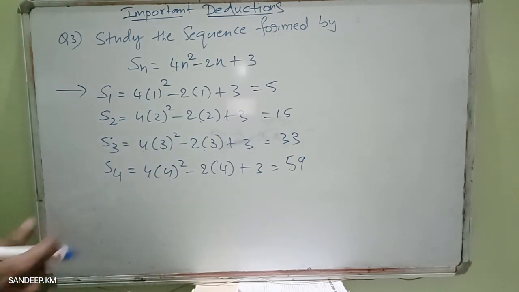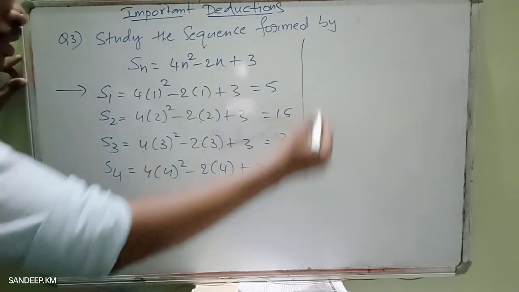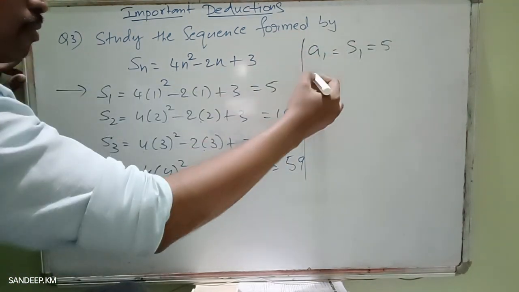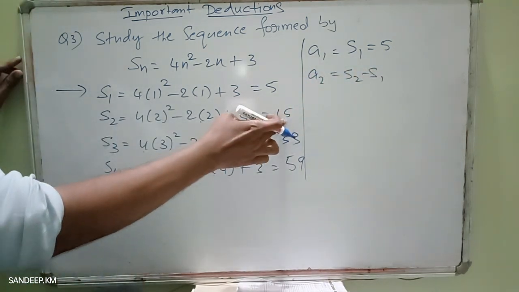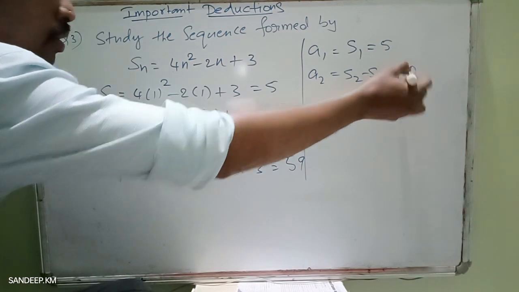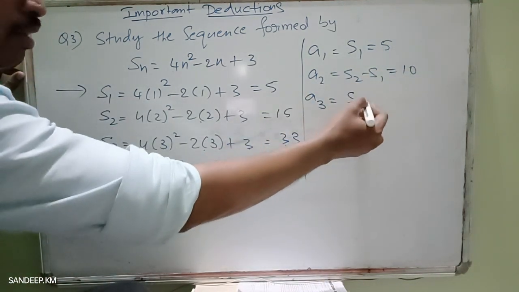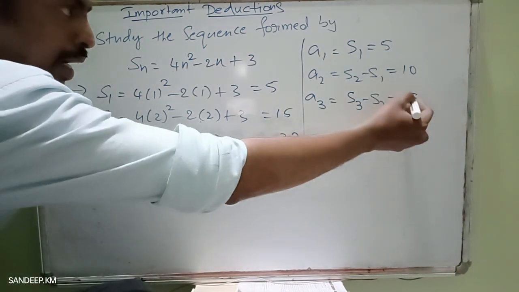Now let us find A1, A2, A3 and A4. A1 is directly S1, which is equal to 5. A2 is equal to S2 minus S1, which is 15 minus 5, equal to 10. A3 is equal to S3 minus S2, which is 33 minus 15, 18.